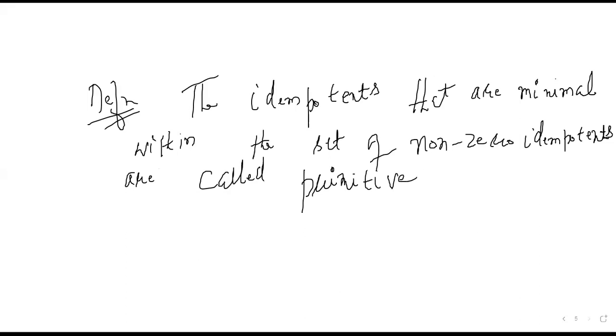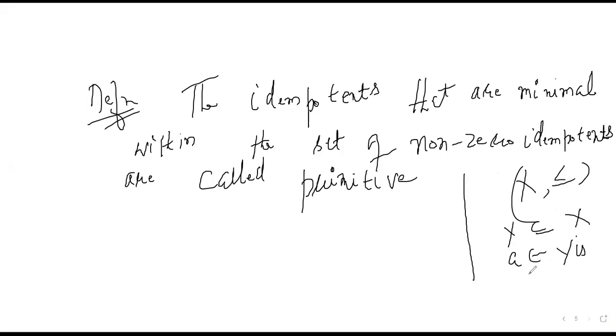Minimal means the following. Suppose X is a partially ordered set and Y is a subset of X. So a belonging to Y is minimal if there is no element of Y that is strictly less than a.